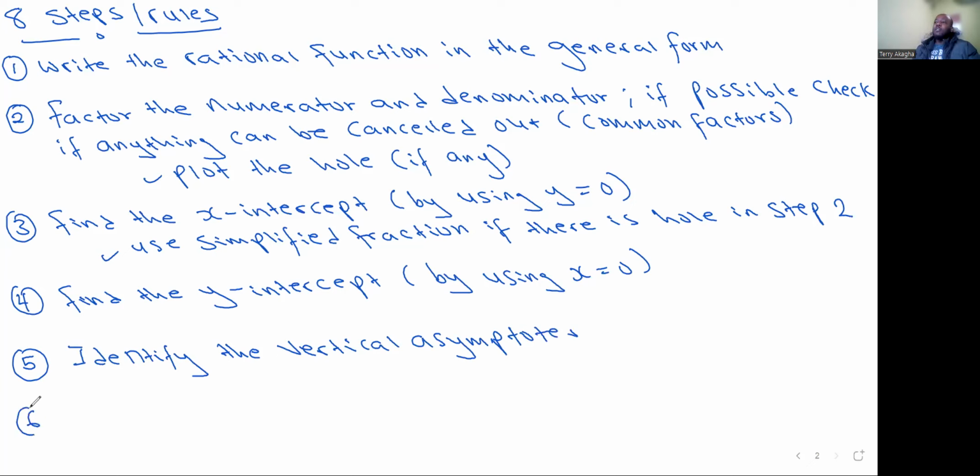Then after you found the vertical asymptote, the next thing you have to find, your guess is as good as mine, is to identify and see if there are any horizontal or slant asymptotes. Okay, so you have to see if there's a horizontal or slant asymptote.